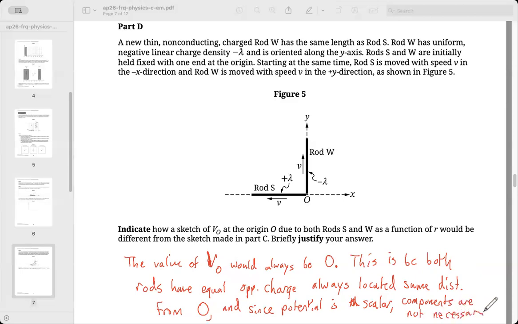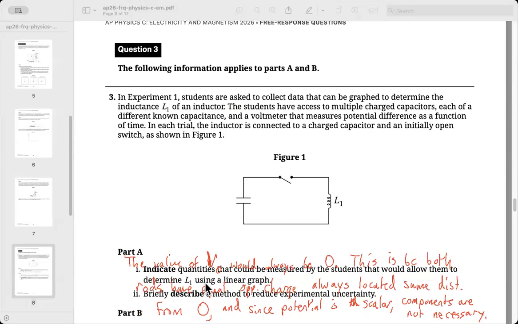Okay, there we go. Literally the value is always zero.